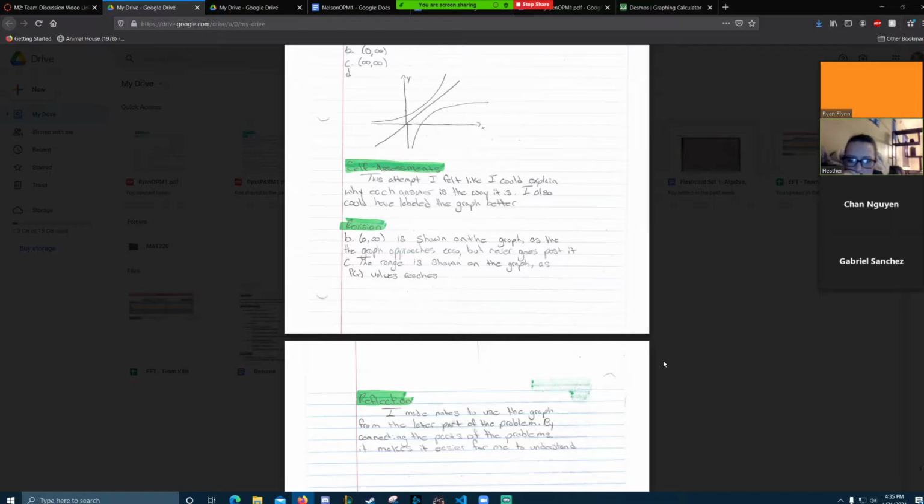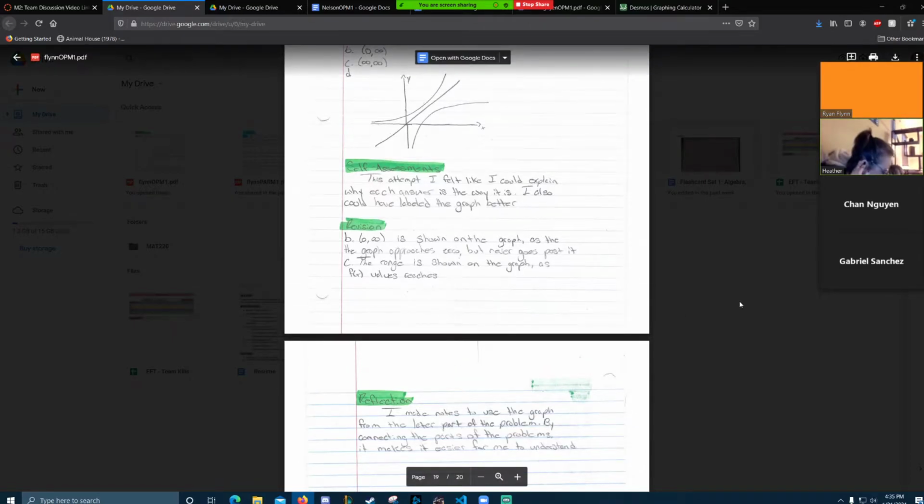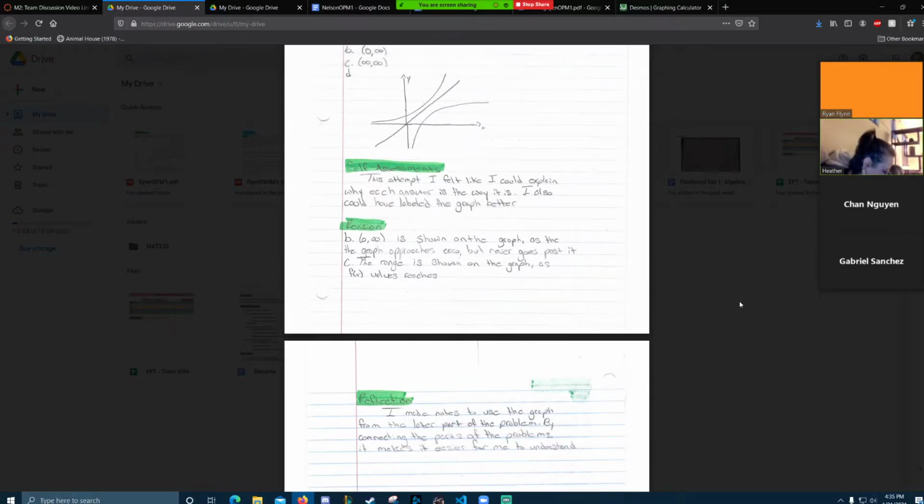In my case, I added any information that could be helpful, even though it wasn't mandatory to the question, something I can look back on if I need help remembering why that is. And then reflection is similar to self-assessment, but about the problem as a whole after you finish going through everything.